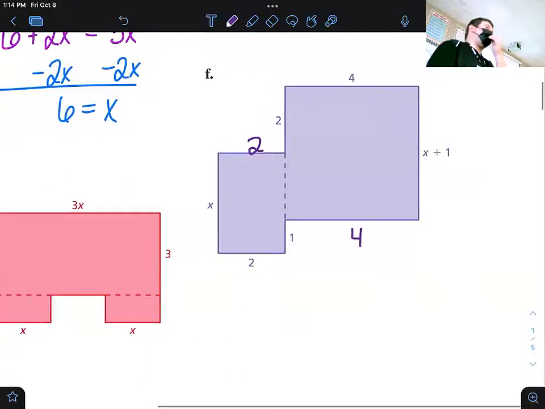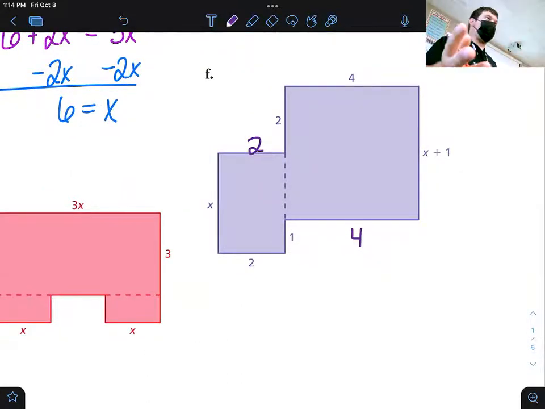Now, instead of making one really long expression, we know we're going to have to combine like terms. Let's go ahead and do that. Why don't we start with our variable terms? If I start on this side and I add all these sides up, you're going to notice that there's an x there, there's an x there. What's that going to make when you add x and x? 2x.